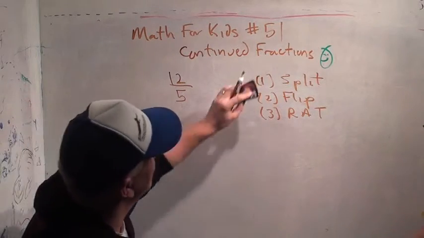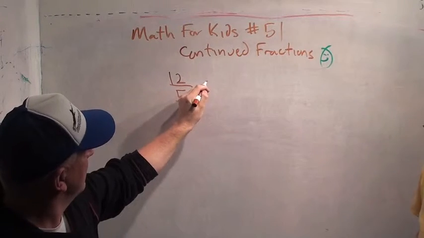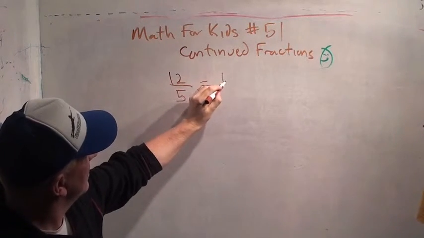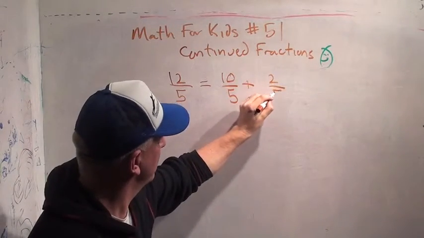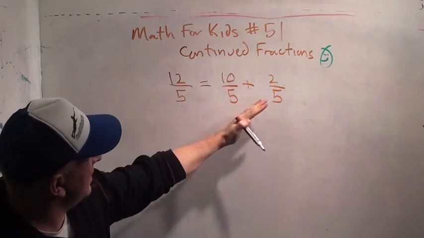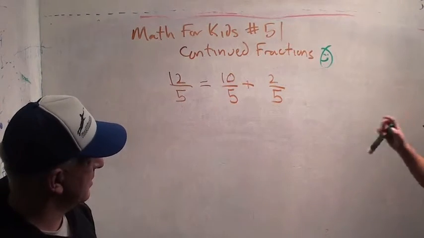Okay, so first we have to split. 12 fifths is the same as 10 fifths plus 2 fifths. Now I tried to take out as many 5s as I could, so why did I write it as 10 fifths? Because that's a lot of 5s.